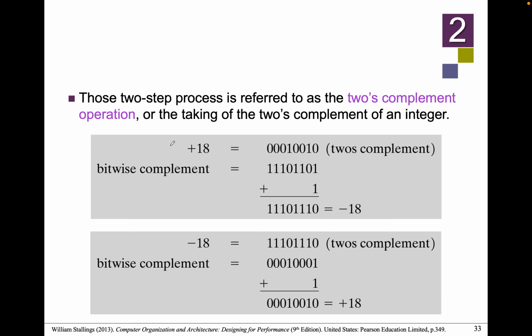So it's going to be second complement, which is we're going to add 1. For example, this two-step process is referred to as the two's complement operation, or taking the two's complement of an integer. So for example, for 18, which is positive 18, if we go from decimal to binary, we will get 16, 0, 0, 1, 0.